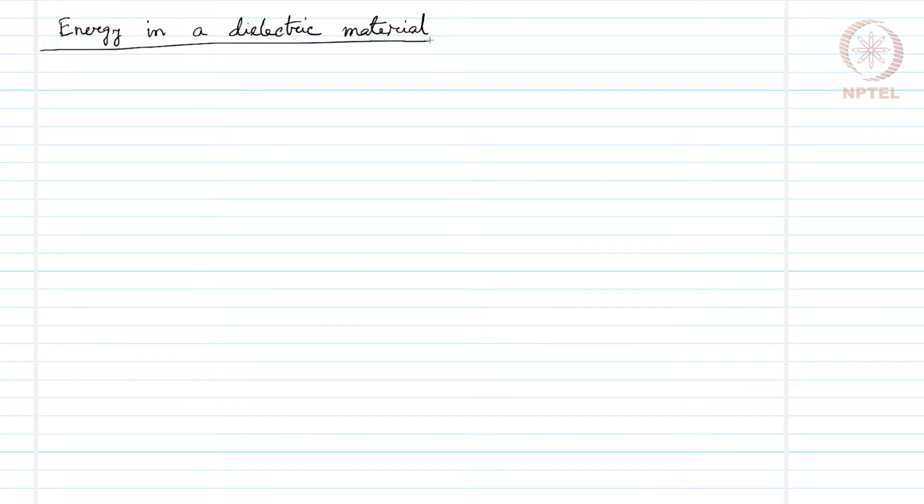That is the energy stored in a dielectric material. So, it is the amount of energy supplied to charge a capacitor, that is the energy stored in the dielectric material. So, how do we find that?